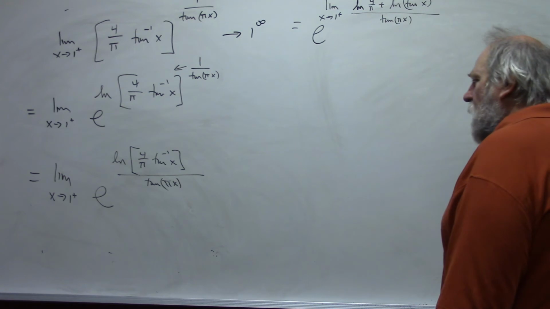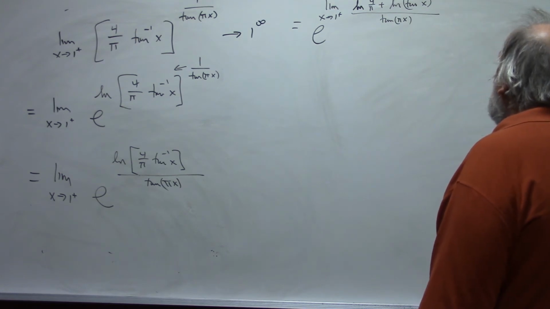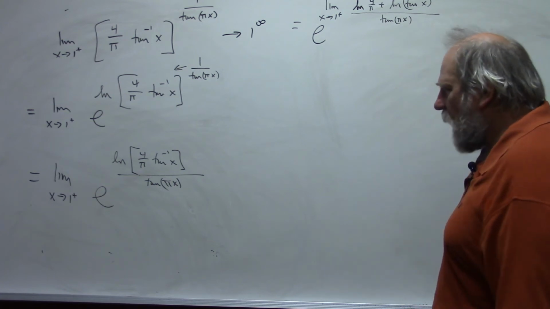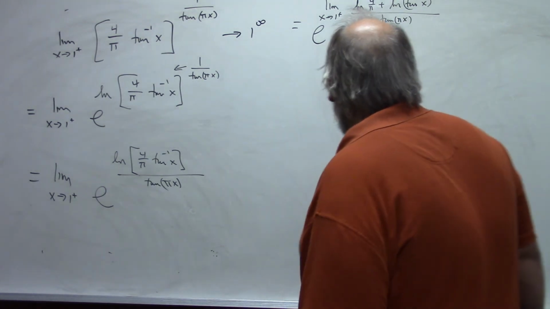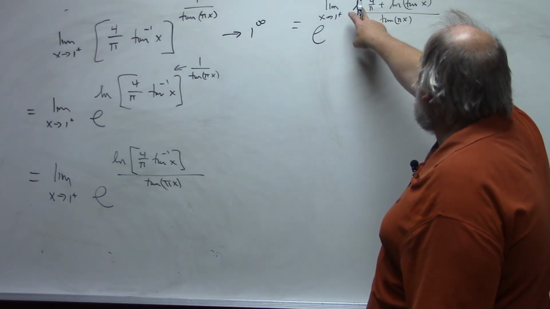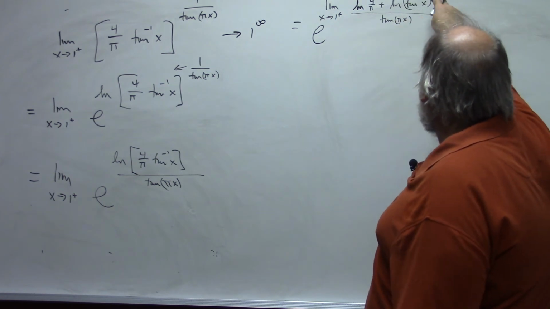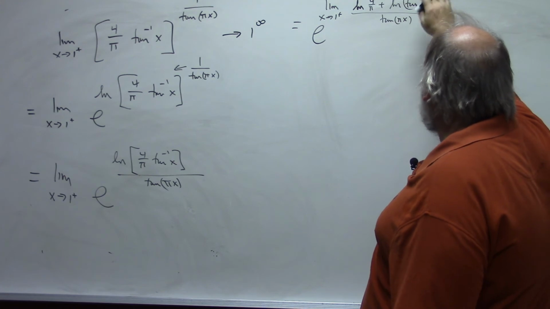Okay? Now, this is the natural log of 4 over pi arctan of x.